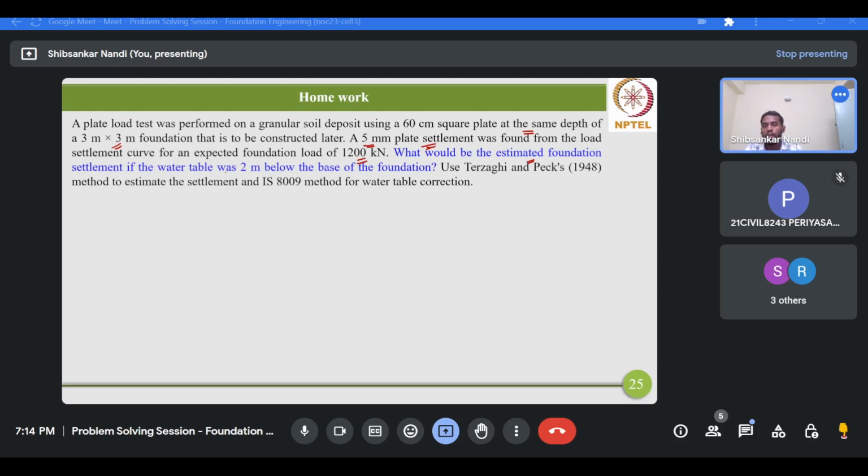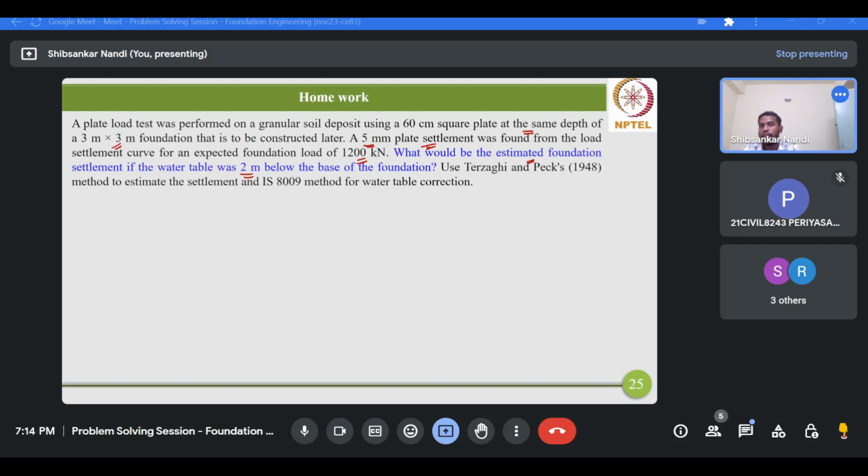Therefore, the settlement obtained from the test will have no effect of the water table. However, in the real case, it's observed that the water table is located 2 meters below the base of the foundation. So the question arises: how is the settlement obtained for this plate corrected for the water table to obtain the settlement for the given foundation of size 3 meter by 3 meter?